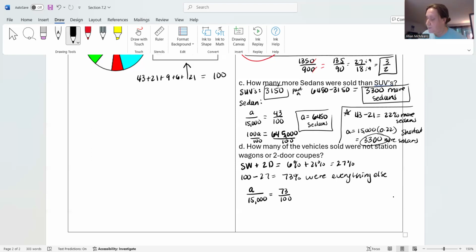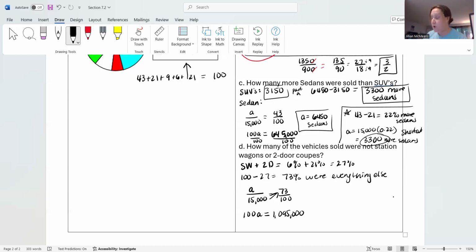We cross multiply. So I get 100 times A. And then I need to multiply the diagonal, 15,000 times 73, which is 1,095,000. Okay.